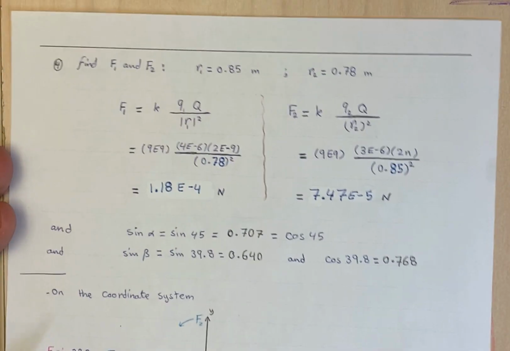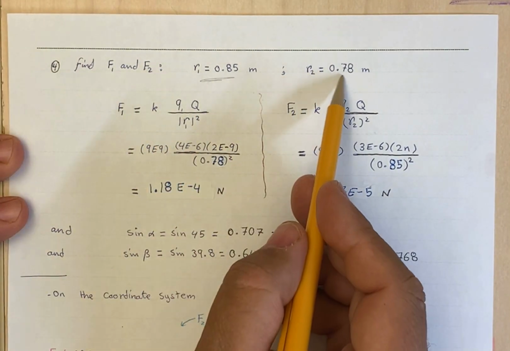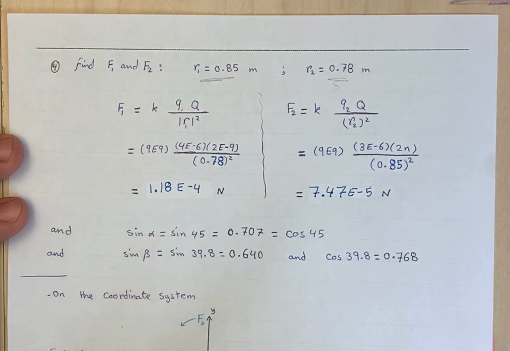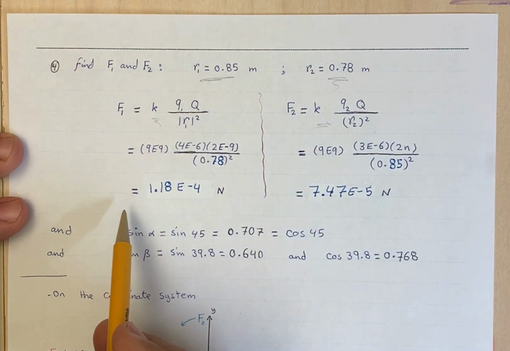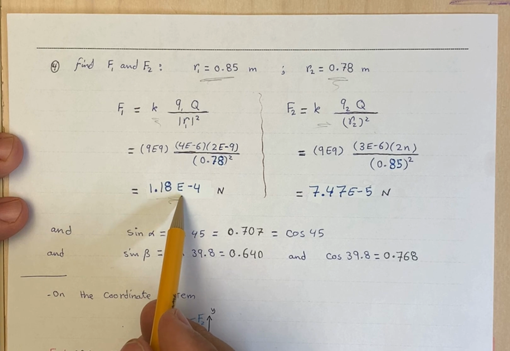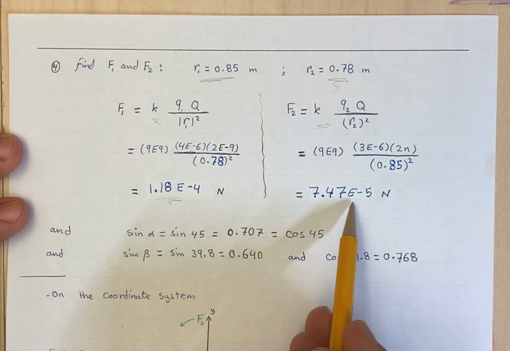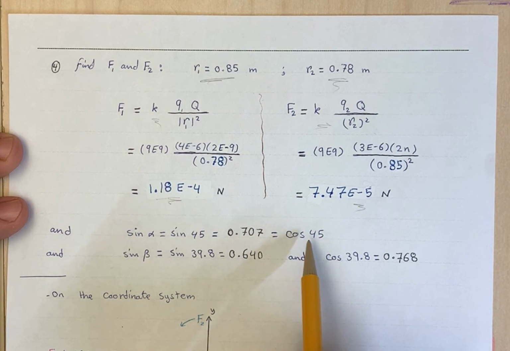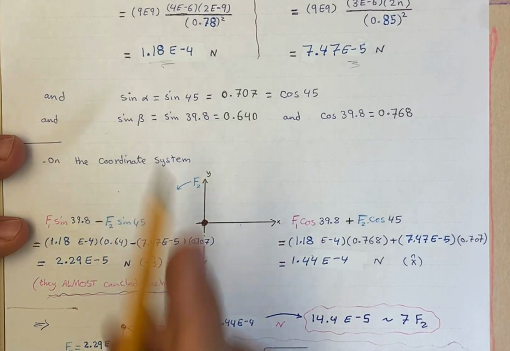Okay, let us find F1 and F2. We have r1 and r2 using the Pythagorean theorem previously, and applying Coulomb's law for both forces, we find the first force is 1.18 times 10 to the negative 4, and the second one is 7.47 times 10 to the negative 5 newtons. And we have the angles.